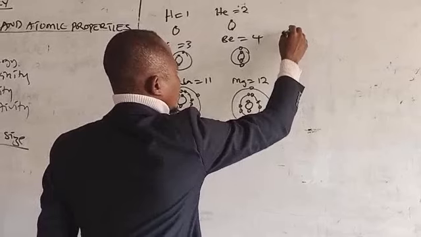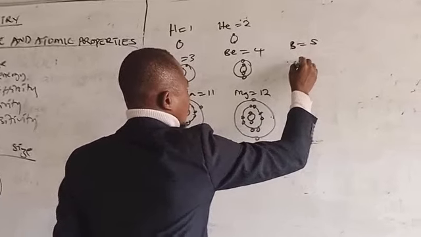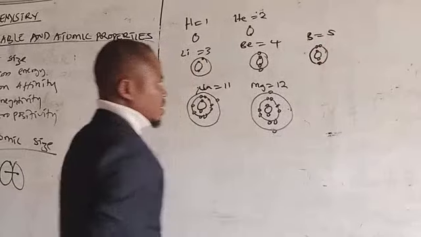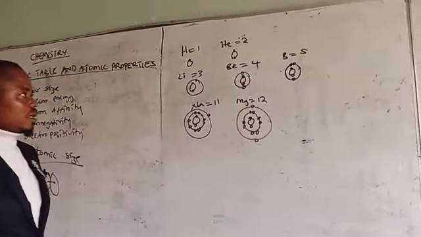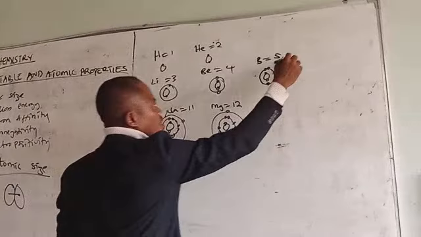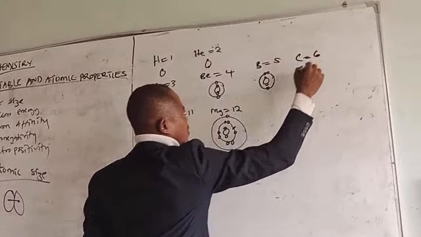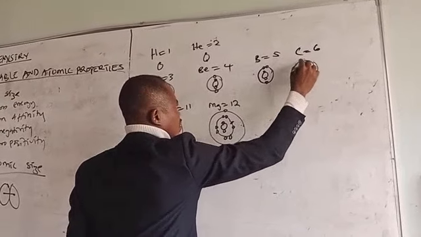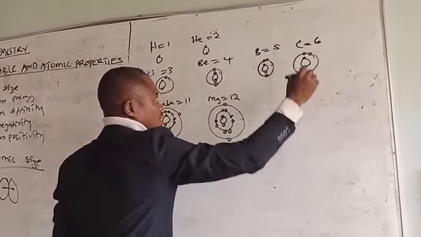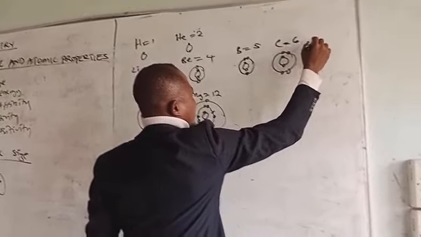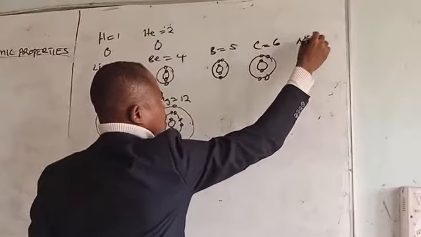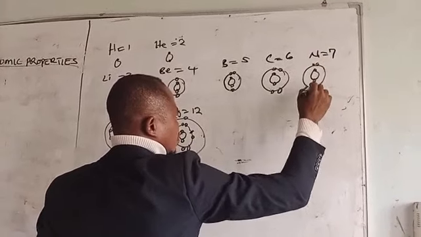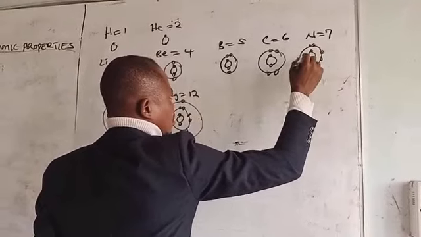Boron is 5, so we will have 2 and 3. Then in group 4, we have carbon 6, which is 2, 4. Then in group 5, we have nitrogen 7, which is 2, 5.